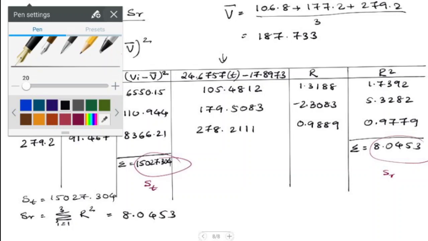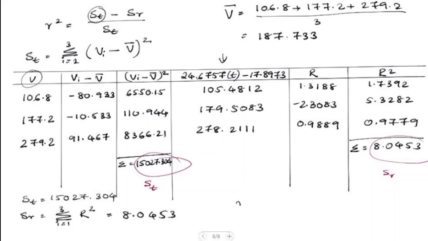Now to find r squared, the coefficient of determination, we subtract S_r, which is 8.0453, from S_t, which is 15027.304, and divide by S_t, which is 15027.304.